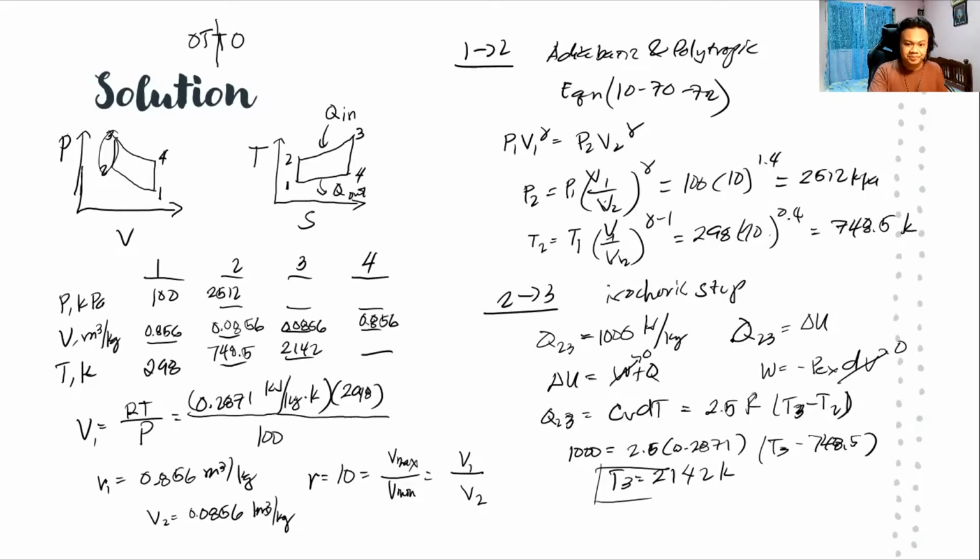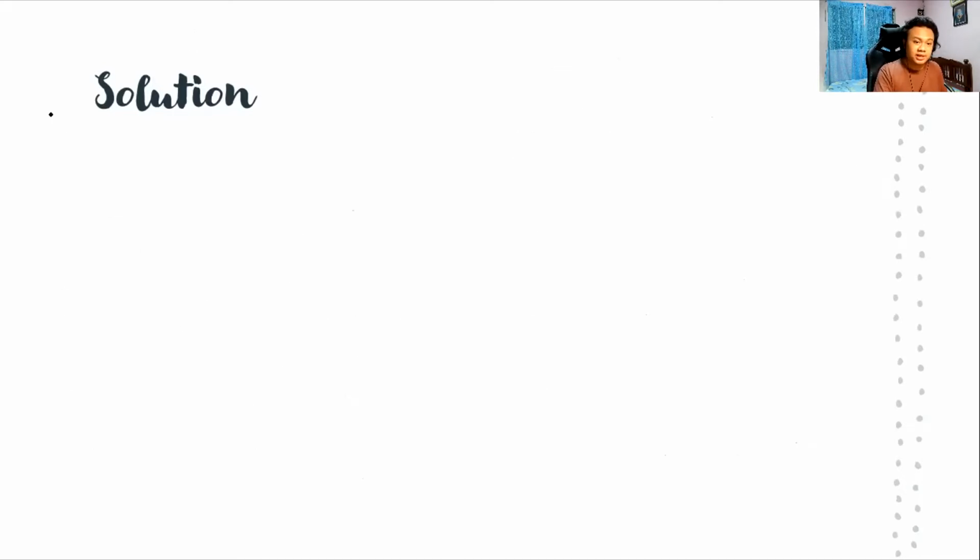Okay, so next we have to get the P3, diba? P3. Because this is an isochoric step, the volume is constant, but other properties are not. Okay, so P3 is equal to P2 times T3 over T2.